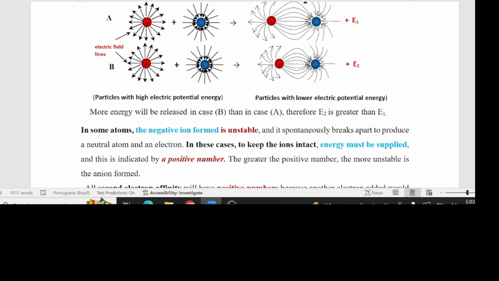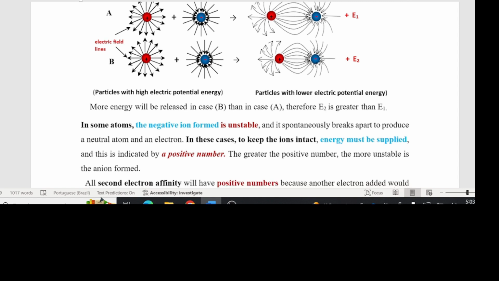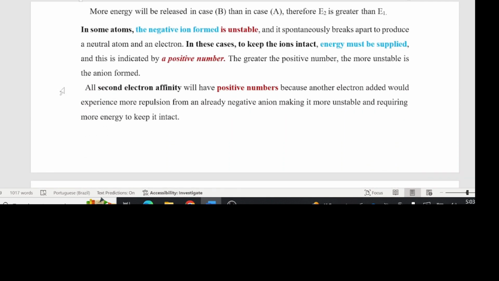The greater the positive number, the more unstable is the anion formed. So if you add an electron to an atom, and the ion form is unstable, we need to use energy to keep that electron there. The more energy you need to keep that electron, the more unstable the anion form is.